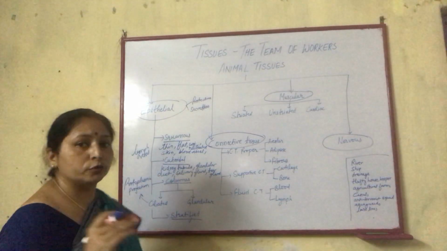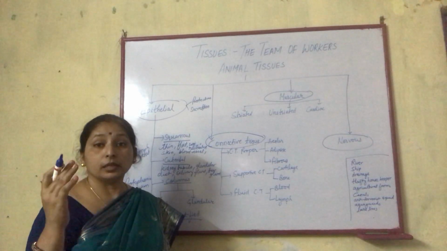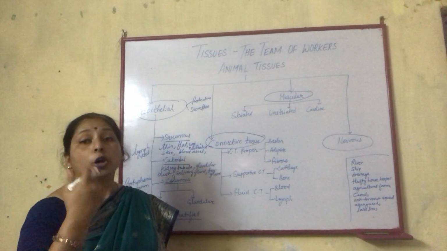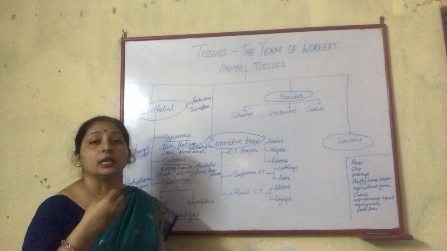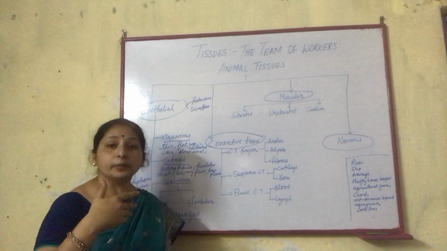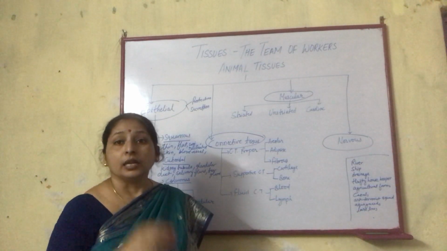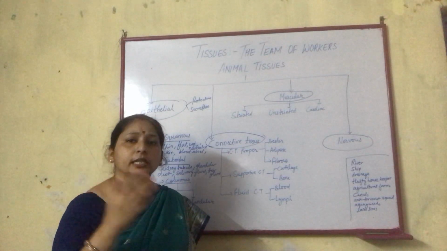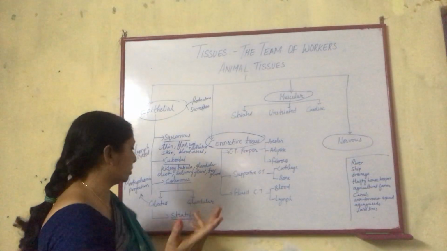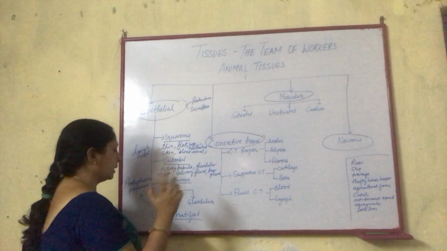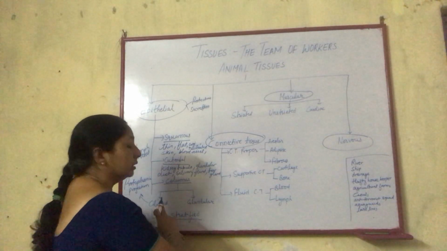The lashing movement of cilia helps in the movement of particles, especially in the respiratory passage and in the intestinal regions. These movements help in the movement of materials, particles or substances.